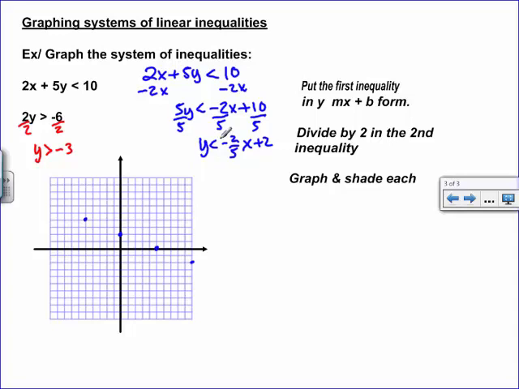And you look at this sign and say, okay, I know that's going to be a dashed line. Now your decision is to shade above or below. Well, less than, we're going to shade down here below.